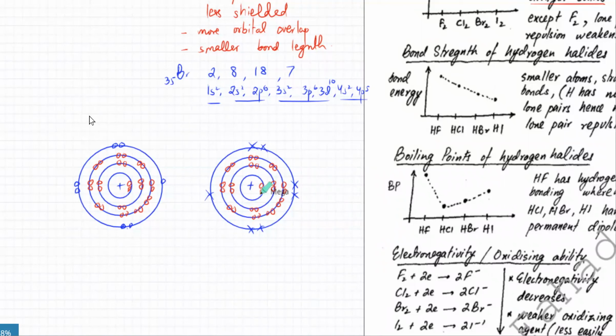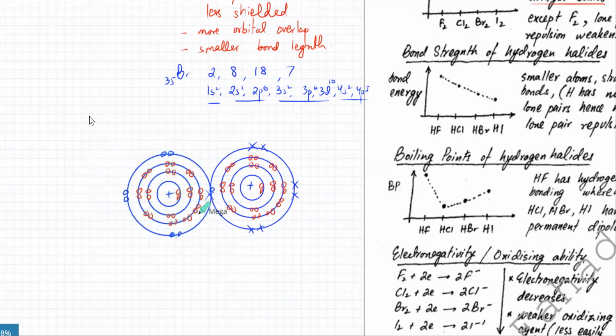They can't even handle their own electrons. So both bromines would try to pull each other's electrons, and eventually they would start to share electrons between them. The two electrons in the middle end up forming a covalent bond.